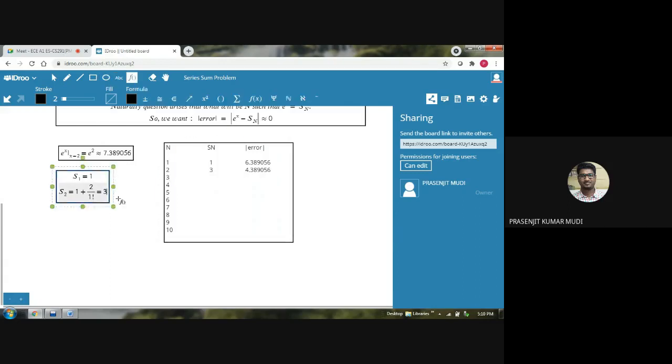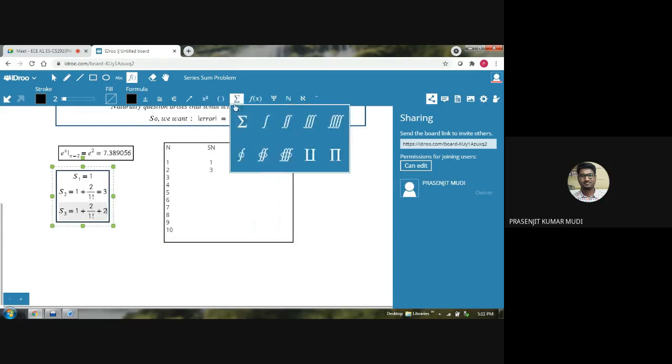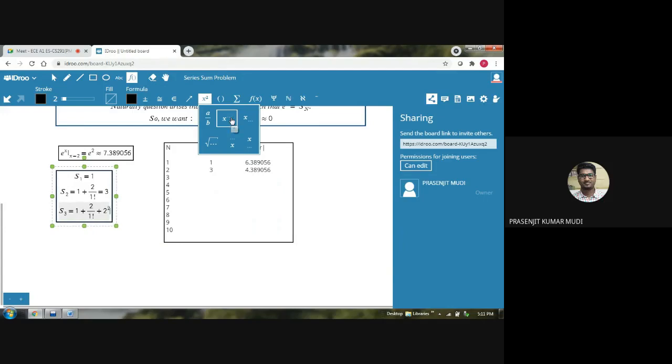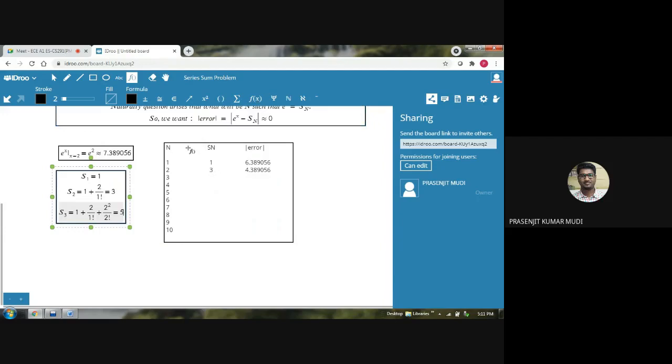Similarly, you consider S3 by adding the first three terms of the series expansion. This is 5. The error will be 2.38.